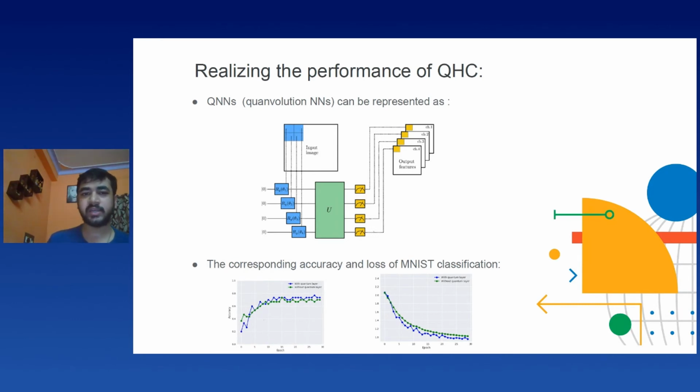We'll be encoding the data by applying rotations on the pixels. You can see that this is a particular pixel of the input image, and we apply rotations on those pixels. You can think of this as a kind of angle embedding, because we are applying rotation gates on these pixels.